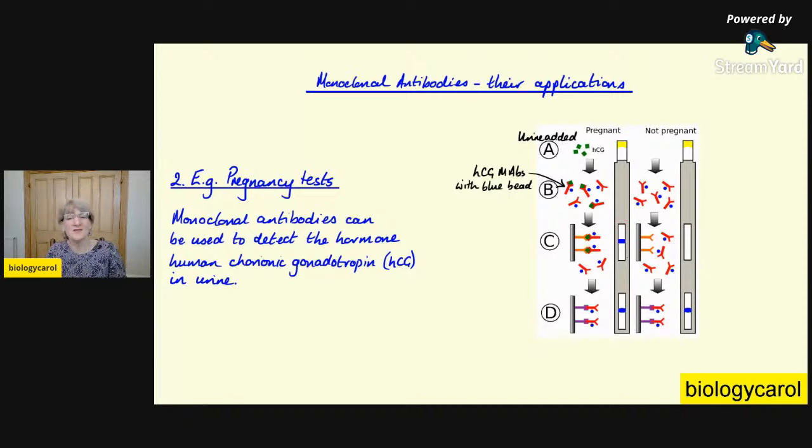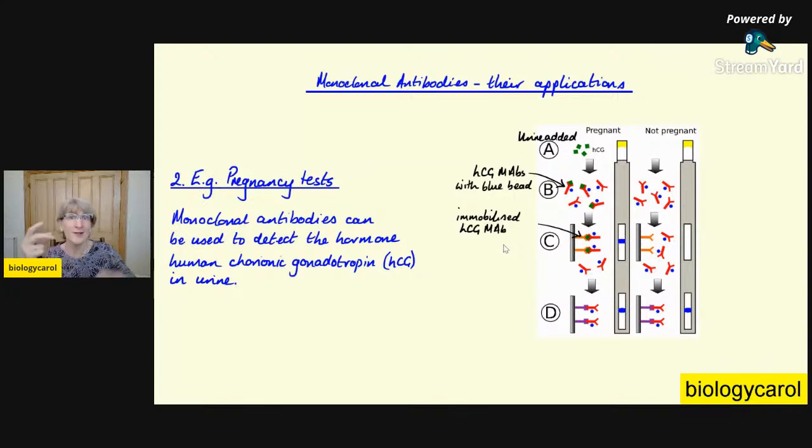When they get to this first window here, they come across a load of immobilized, that means they are stuck to the absorbent stick within the pregnancy test, immobilized monoclonal antibodies that are complementary to another part of the human chorionic gonadotropin.